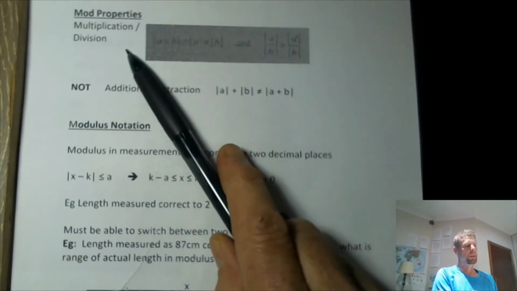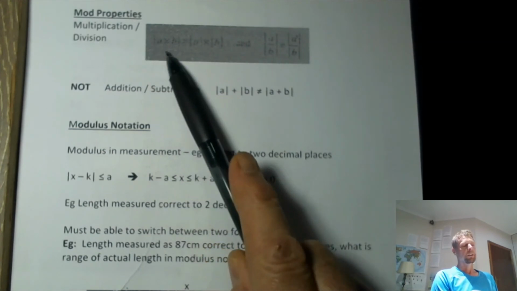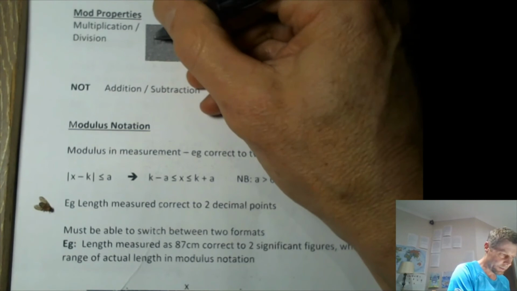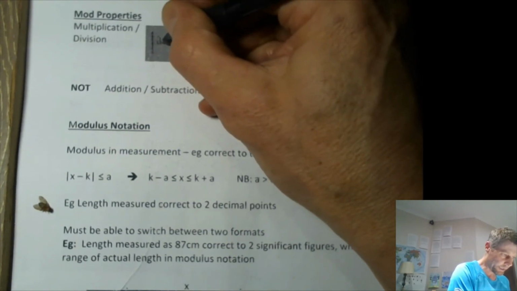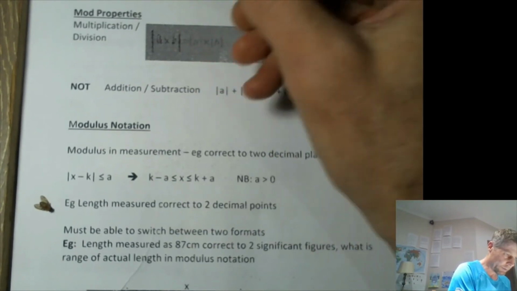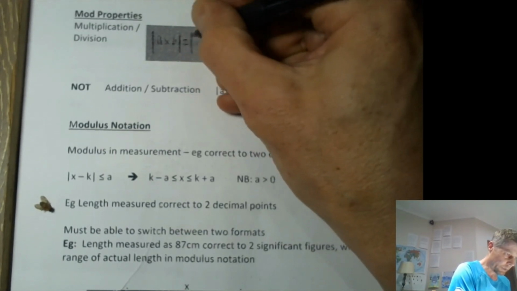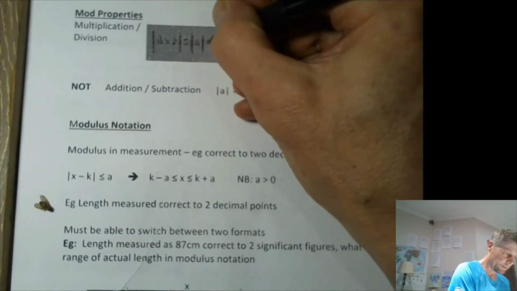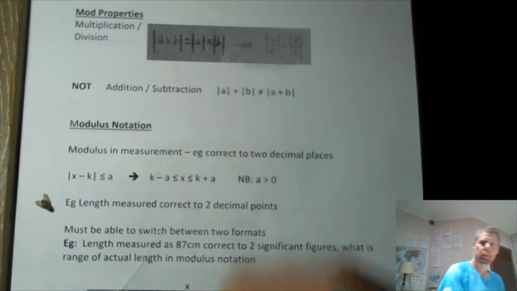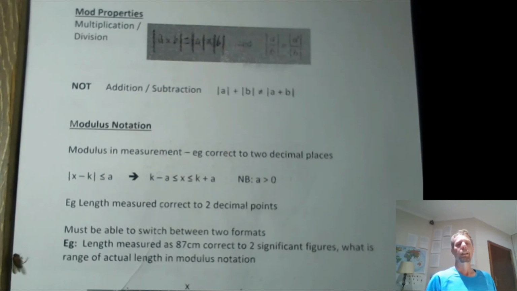So what are the mod properties? First of all, for multiplication and division. You're not going to read this very well, but if I've got mod of a times b, it's equal to mod of a times mod of b. I hope you can read that.